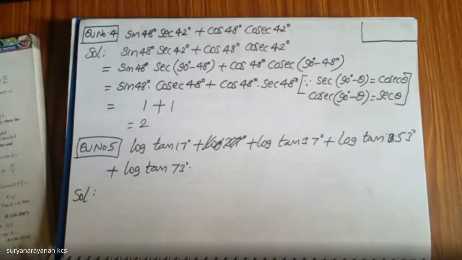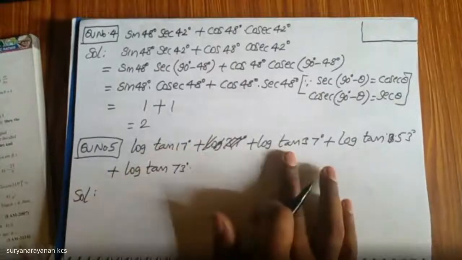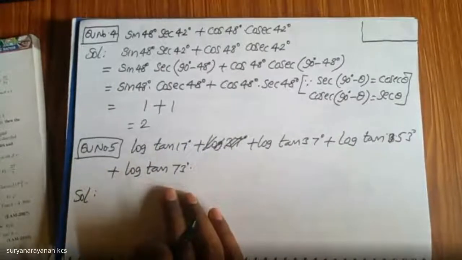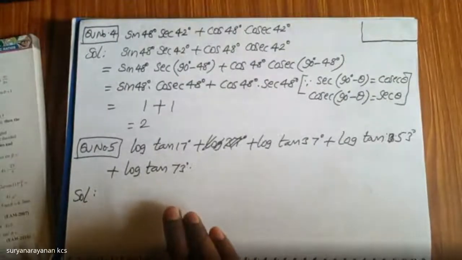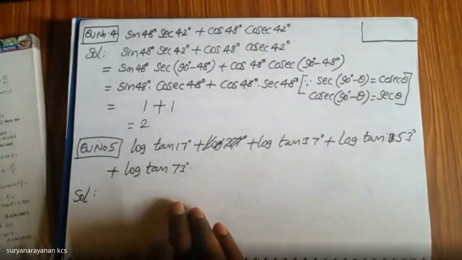Here totally 4 terms are there: 1, 2, 3, 4. Let us group the terms for our convenience.